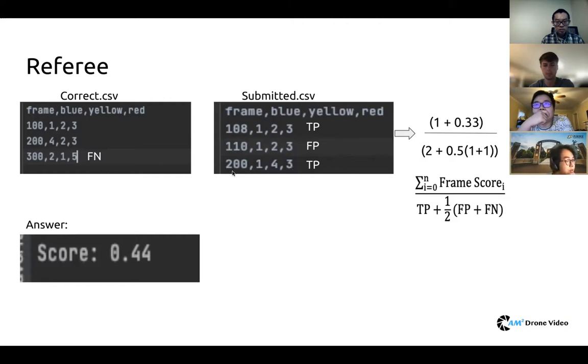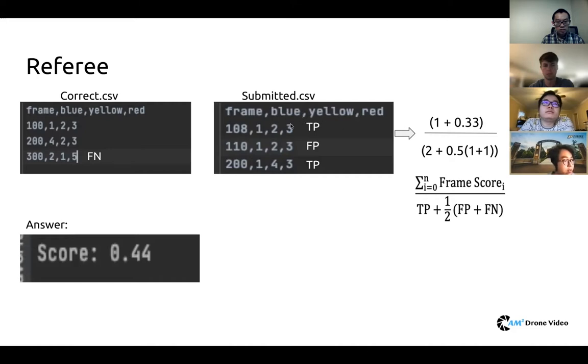And the third submitted frame is frame 200. This is mapped to frame 200 in the correct.csv. Then it will compare the ball-person pairs. The blue is held by person 1, but actually it's held by person 4.